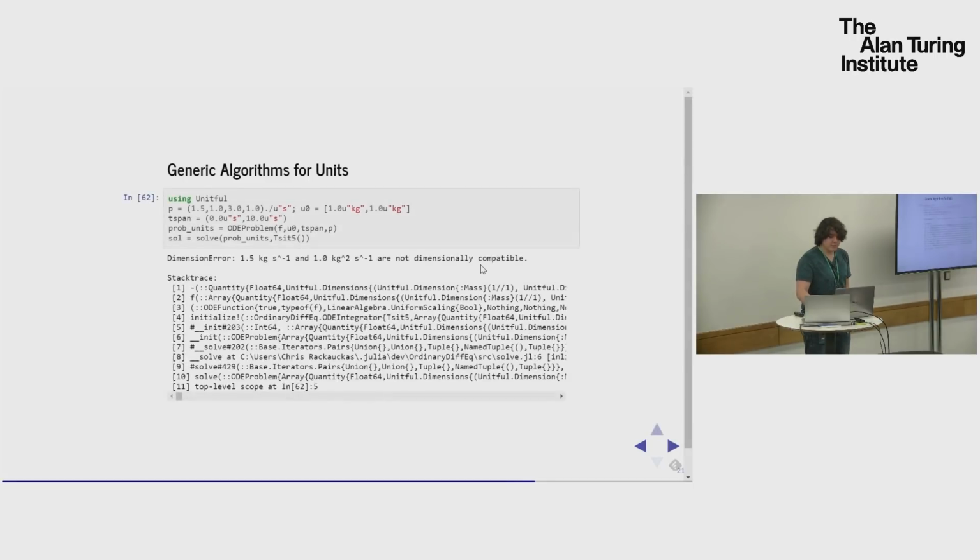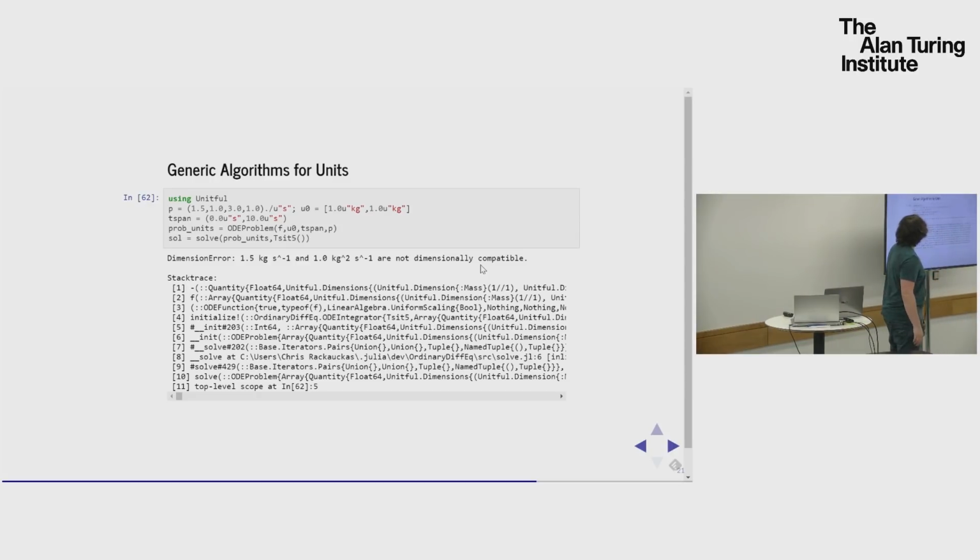Another nice thing is generic algorithms can have units. The interesting thing about every single units example is that every time I've gotten an example from someone who says, hey, we want to use units on this, the example has actually had incorrect units. So here's a quick one that I came up with that accidentally had incorrect units. I said, let's add units to our ODE model where our initial condition has the values in terms of kilograms.